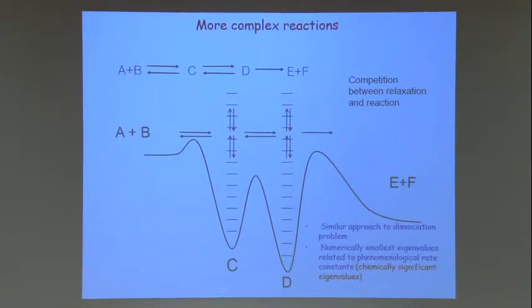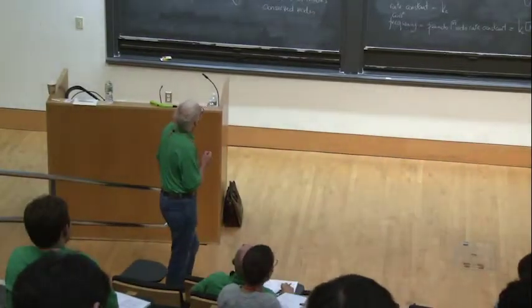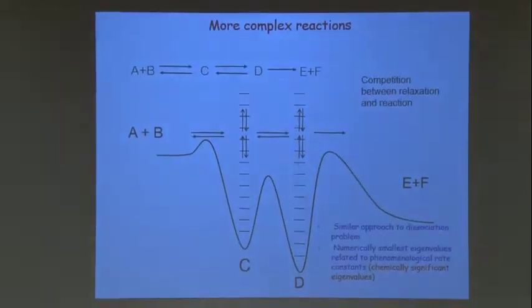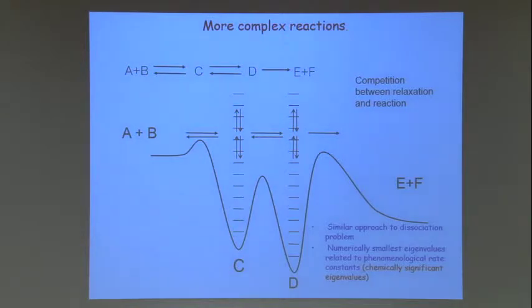We can go to even more complex reactions. So this is A plus B coming in and forming an intermediate C, which can isomerize to form an intermediate D, which can then dissociate to form the products. And what we're doing is we're allowing this reaction to be reversible, that reaction to be reversible, but this reaction not to be reversible.